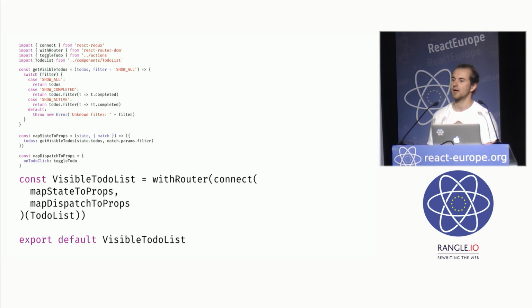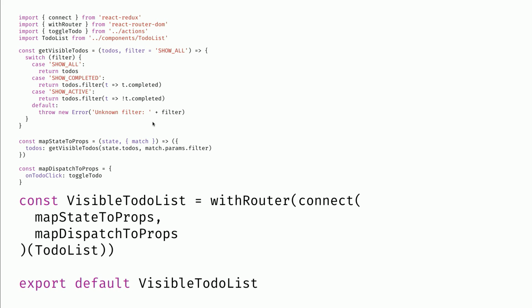But in this example he enhances it one more time with withRouter, because he wants the filter state, which filters to show, from the parameters in the URL.